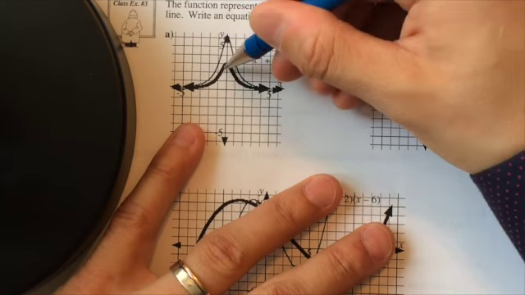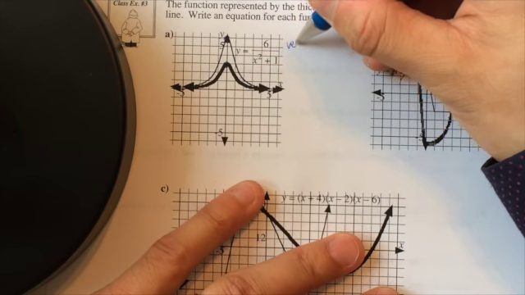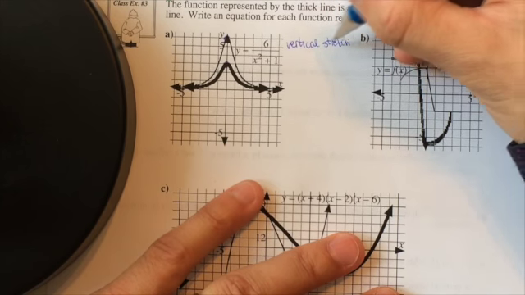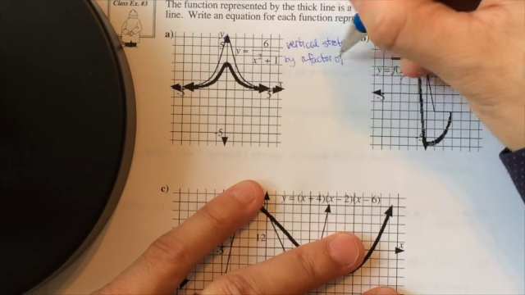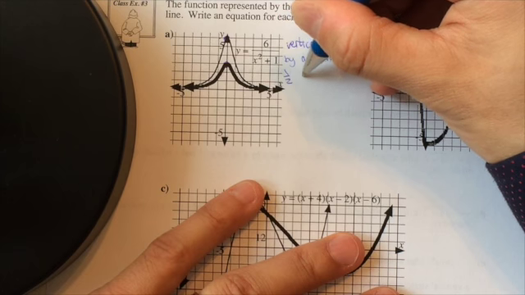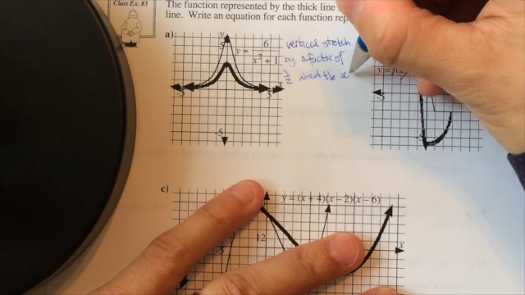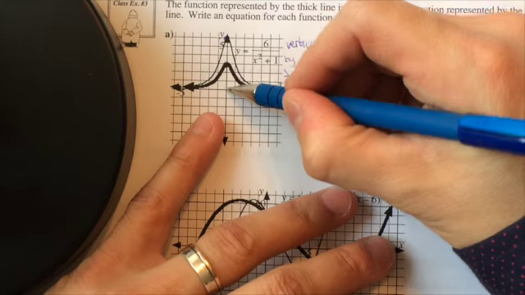And since I shrunk from 6 to 2, I have compression taking place, so this is going to be decreasing by a factor of 1/2. So I have a vertical stretch, and remember we call them all stretches, by a factor of 1/2 about the x-axis. So it's getting closer to my x-axis.